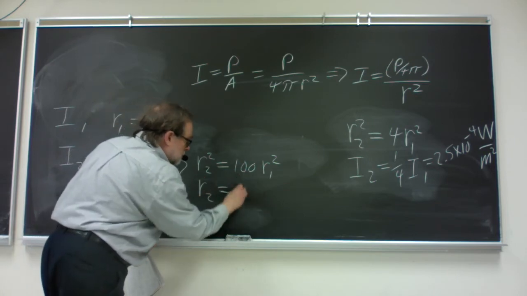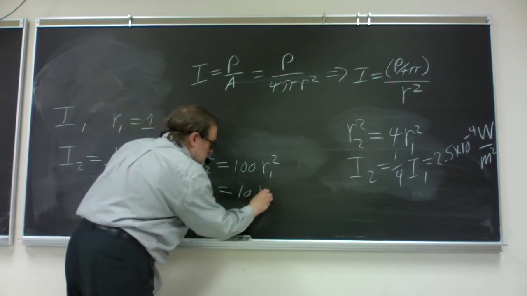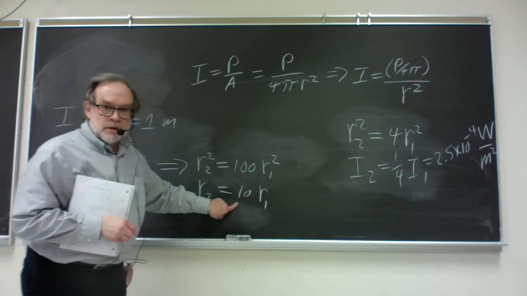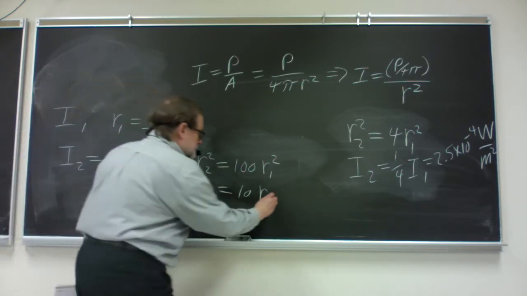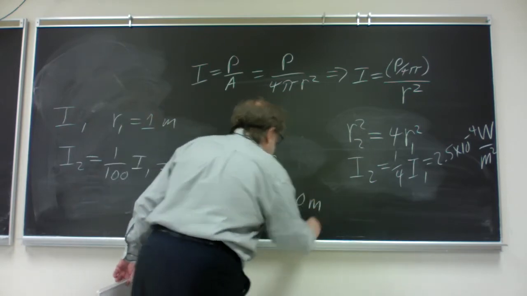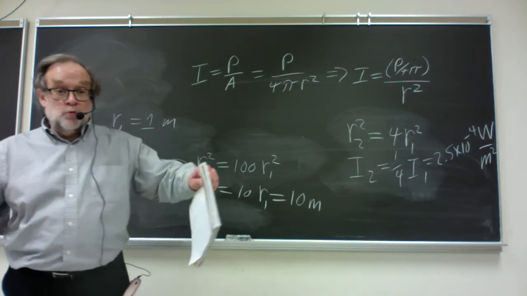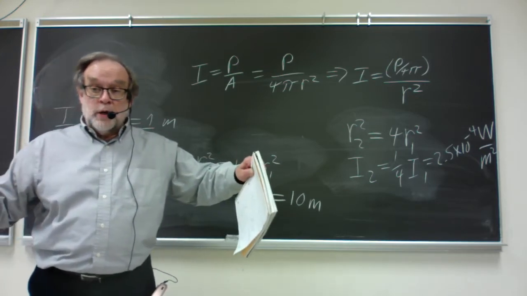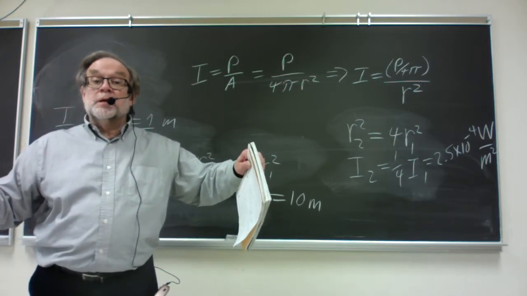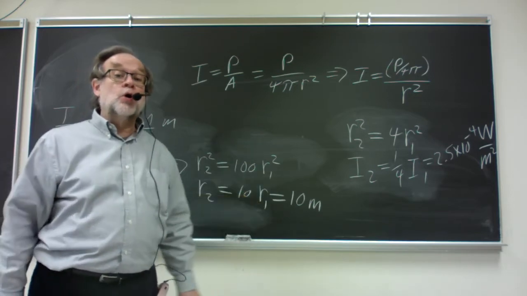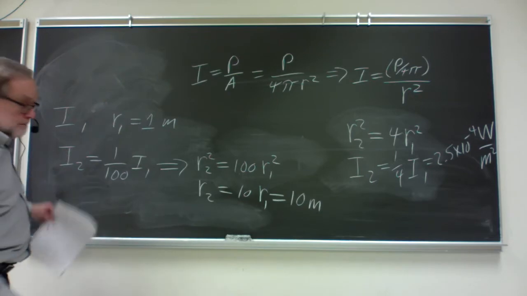R2 is square root of this times square root of that. And R1 was 1 meter, so times 10. R2 is 10 meters. In other words, we step back 10 times farther away, and that doesn't make the intensity go down to 1/10, it makes the intensity go down to 1/100th.